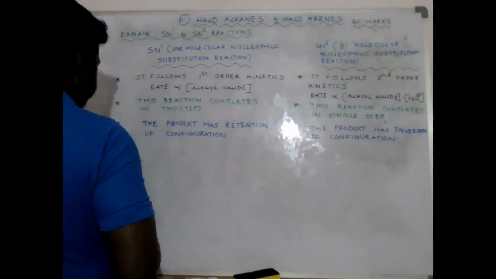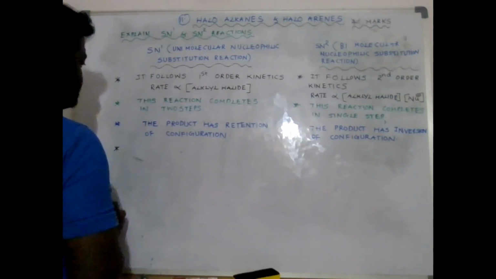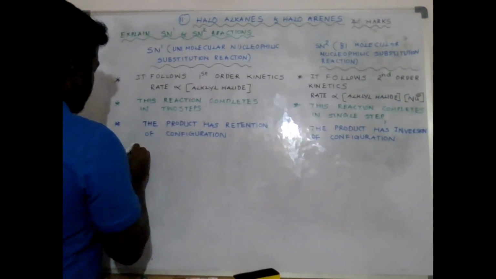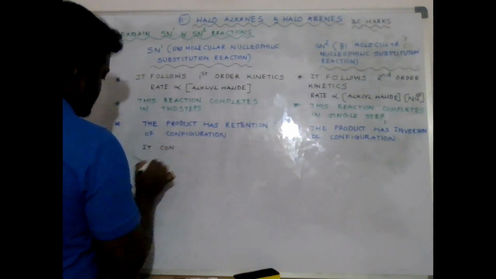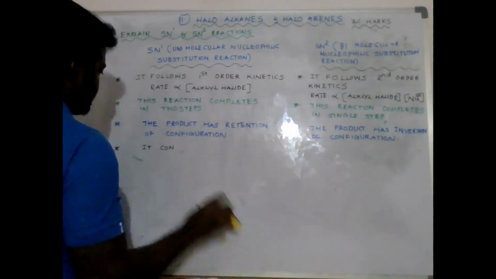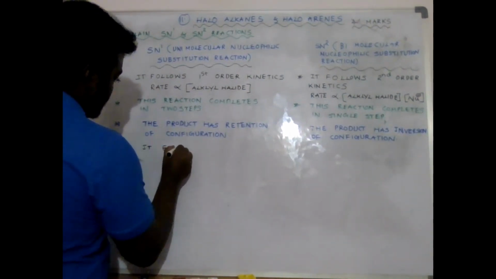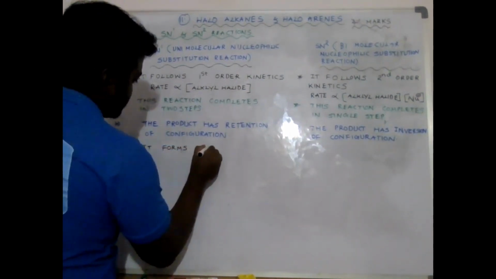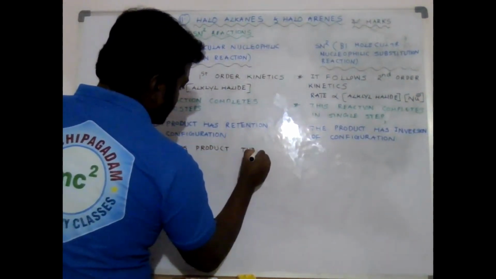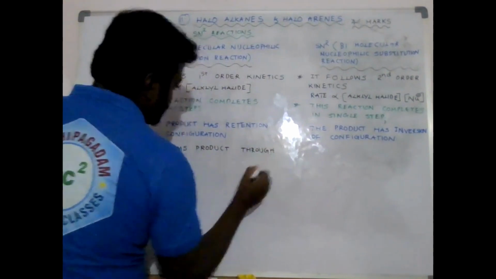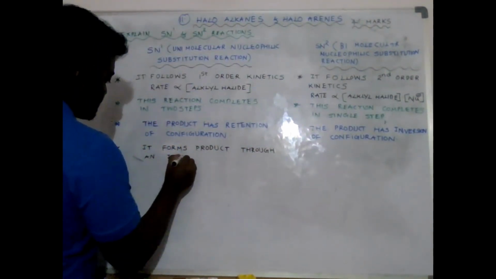The next difference is that it forms product through an intermediate.